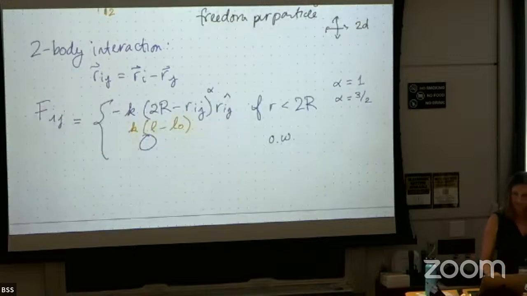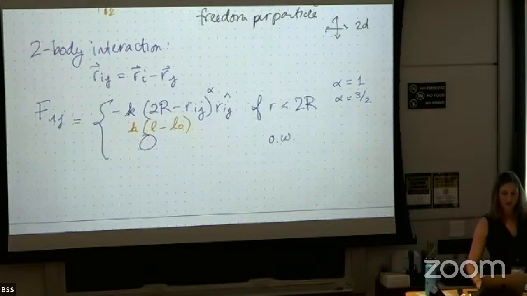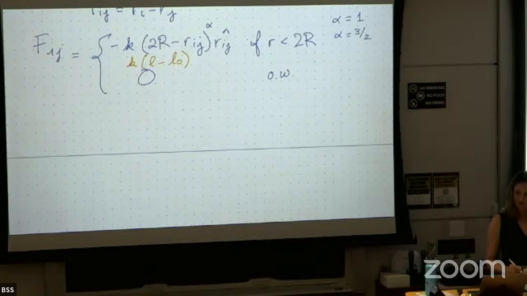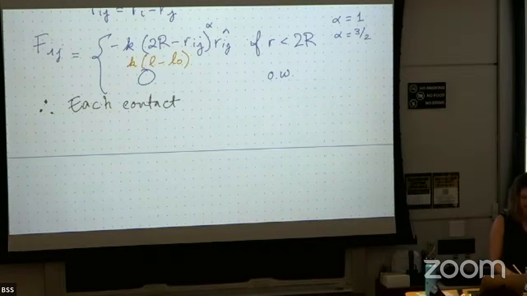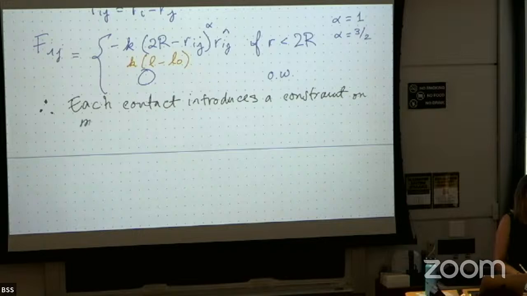So then you already learned that if I want to think about whether this system is rigid, each contact between a pair of particles introduces a constraint on the motion of those two particles.